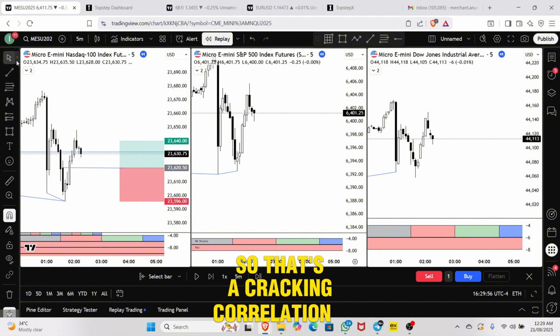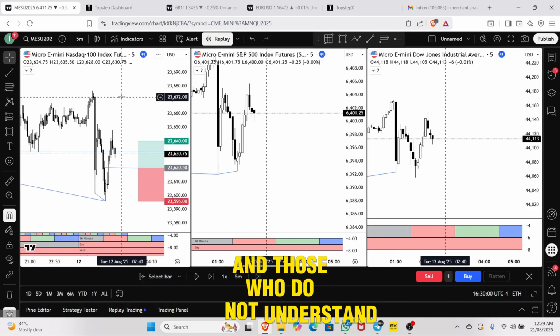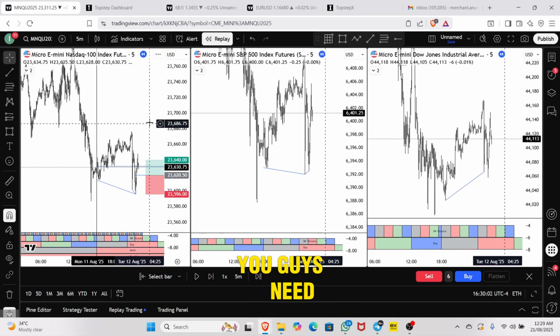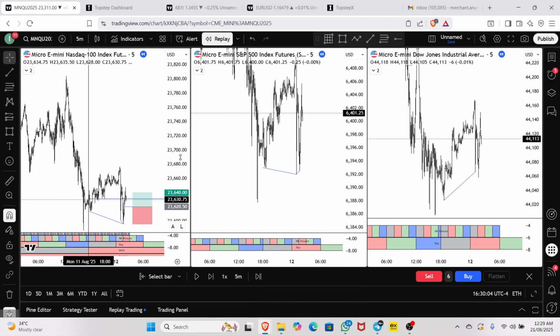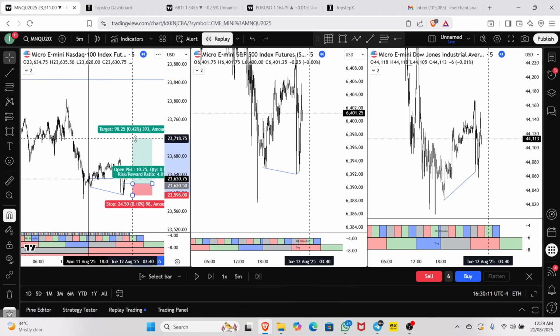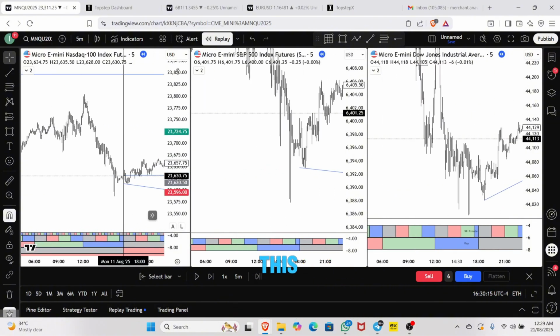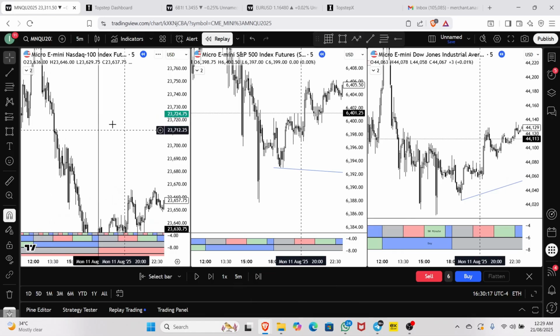So that's a Kraken correlation again. And those who do not understand PSPs and everything, you guys need a lot of training. And my target was around here somewhere, 1:4 or something I kept, in this fair value gap right there.